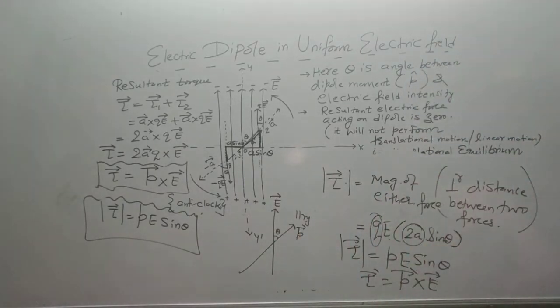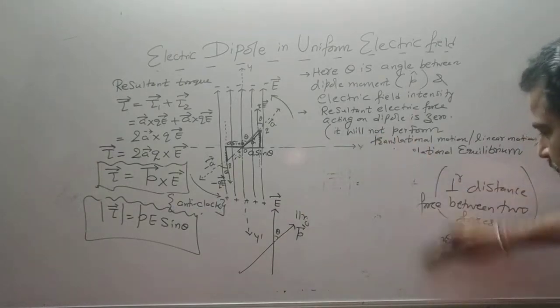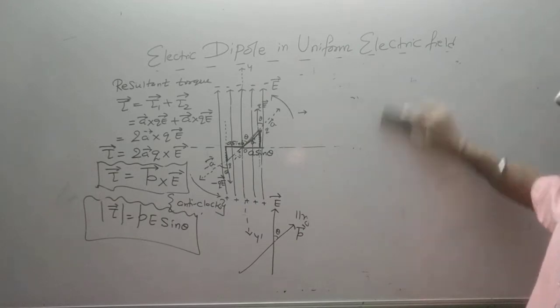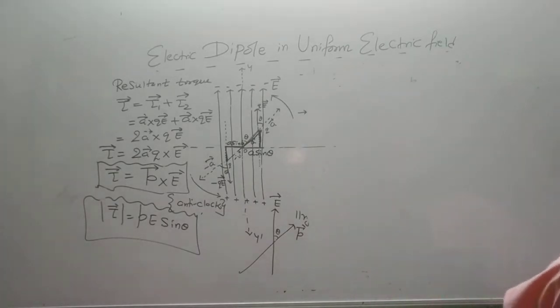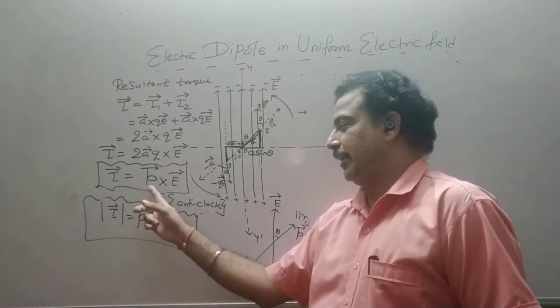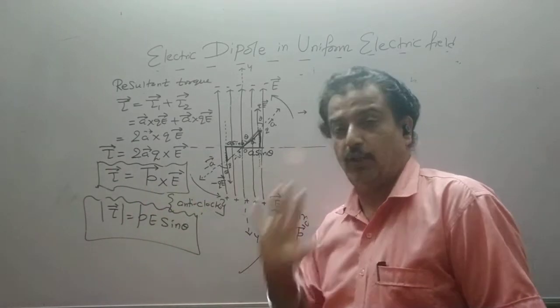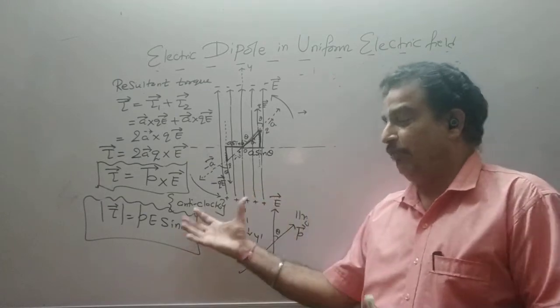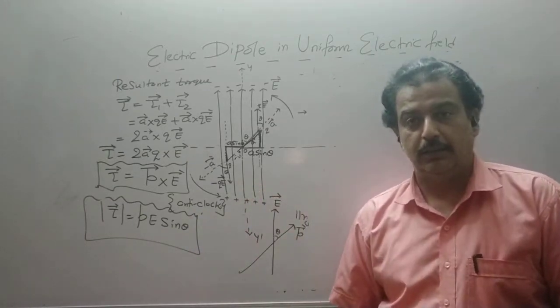What is the final conclusion? Now, a torque acts on a dipole. Its magnitude is PE sin theta, and in vector form it is P cross E, in the anti-clockwise direction. A dipole will rotate, but it will not keep on rotating.